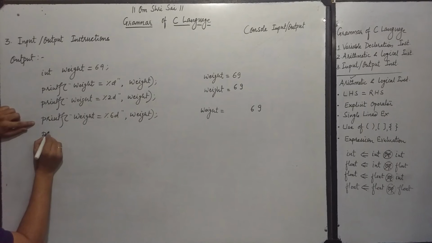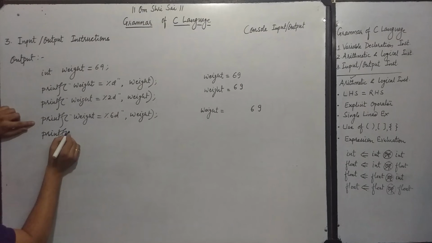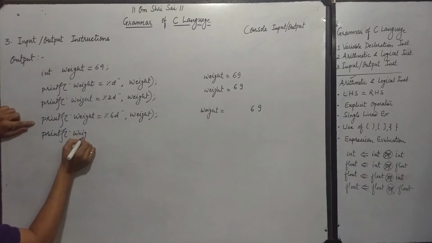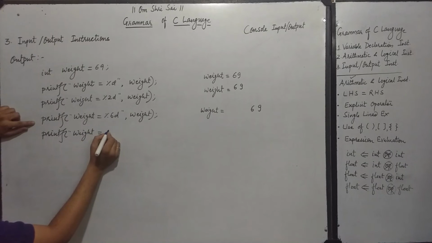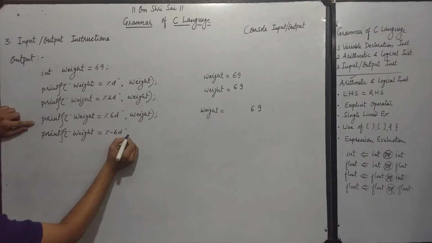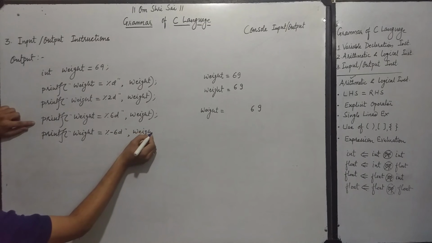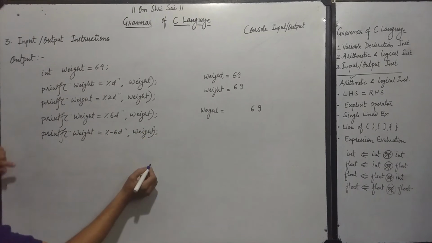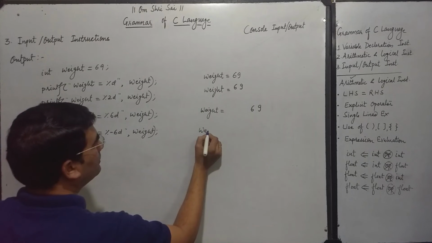If I write printf weight is equal to %-60 comma weight, then the alignment will be from left side.